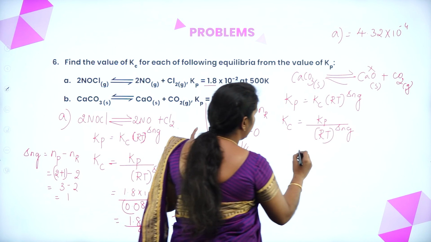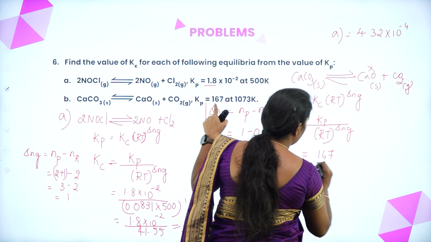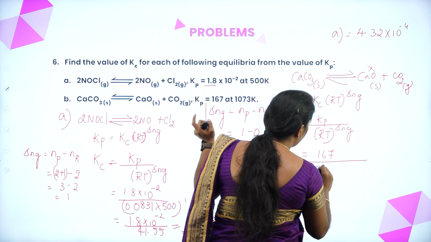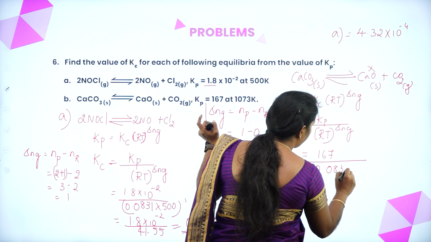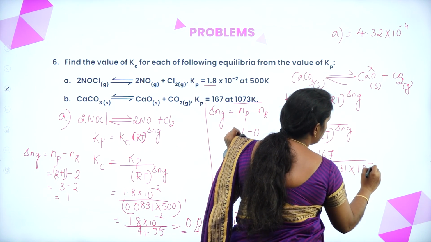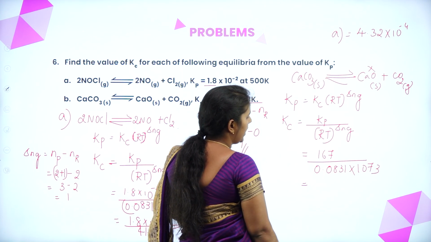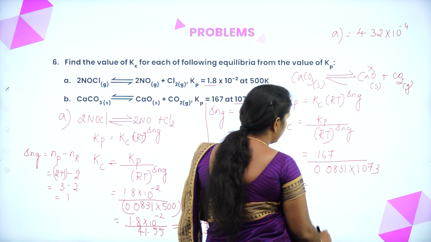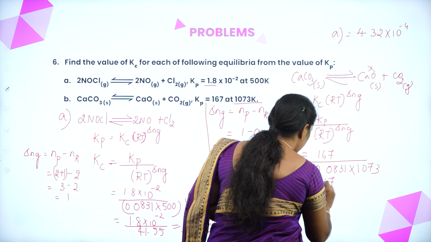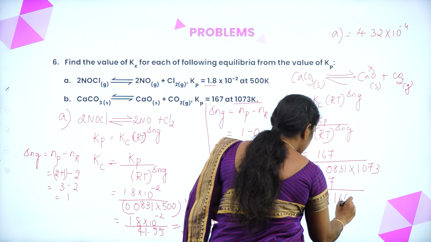Now if you see the Kp value for this reaction, it is 167 divided by what is the R value? 0.0831 into the temperature they have given, which is 1073. If you multiply 0.0831 into 1073, you will get 89.1663.